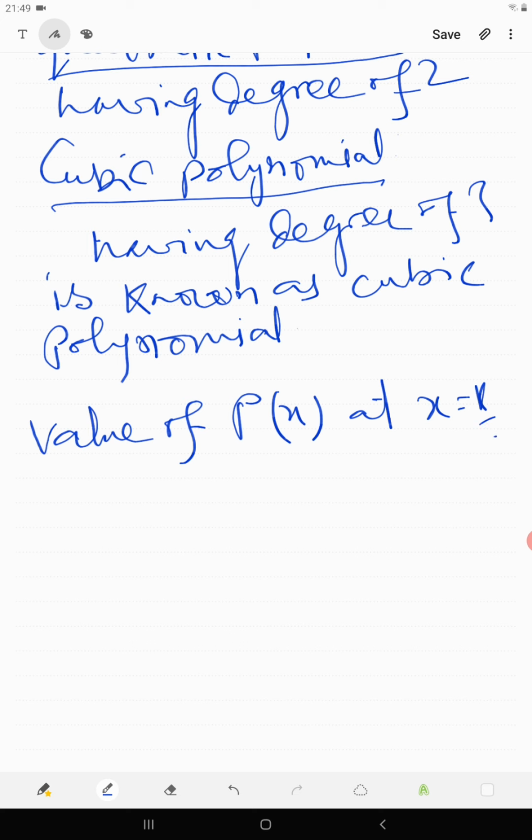If someone gives you some polynomial px and asks you the value of px at x equals k, simply substitute x as k in the polynomial, where k can be any integer. It can be minus infinity to plus infinity.